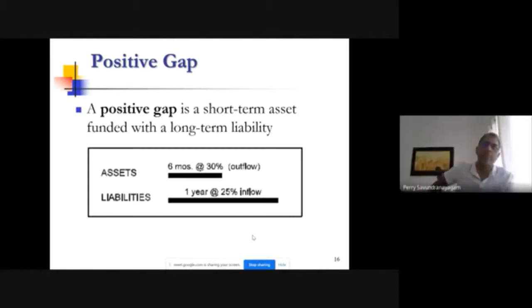Just to be clear, if your view is that interest rates are not going to pick up for the next 3-4 years, you will borrow short-term liabilities, as short as possible, as long as you don't have a funding problem. Remember that.